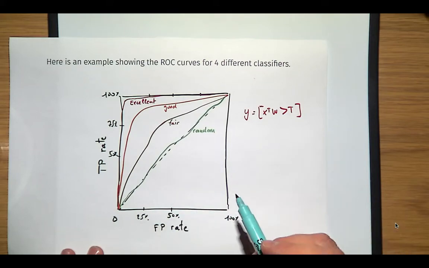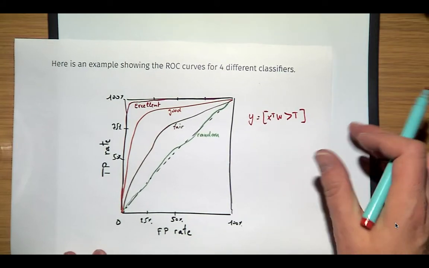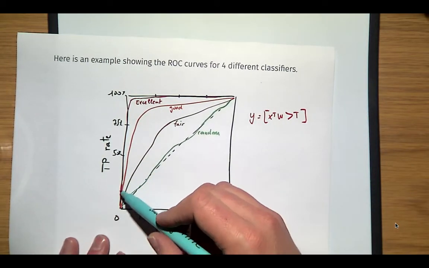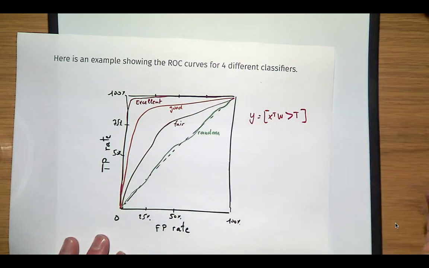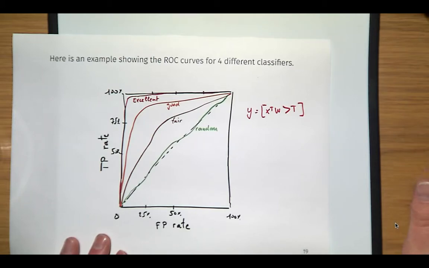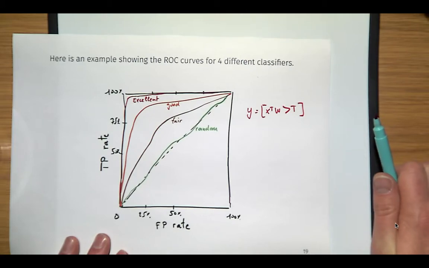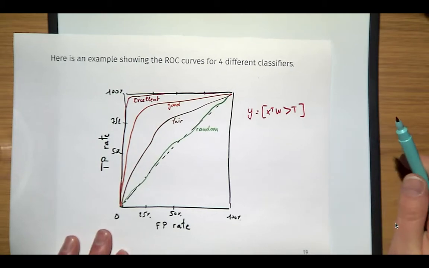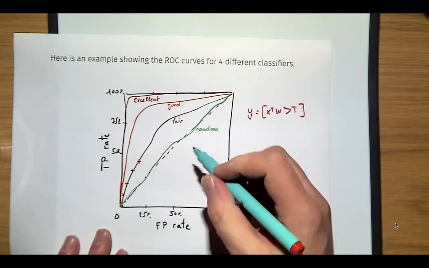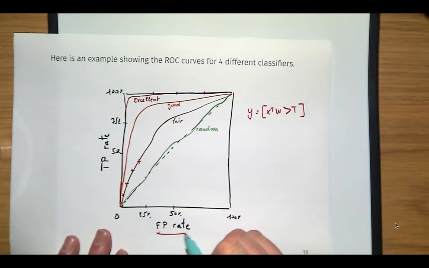So if you take a classifier and you report, so here what you have is curves corresponding to a class of classifier, okay, a family of classifiers. So if you take, say, your linear regression or something like that, and you report the false positive rate and true positive rate for that classifier.